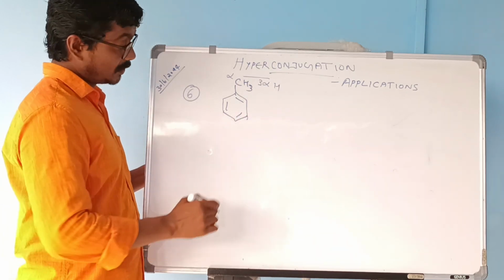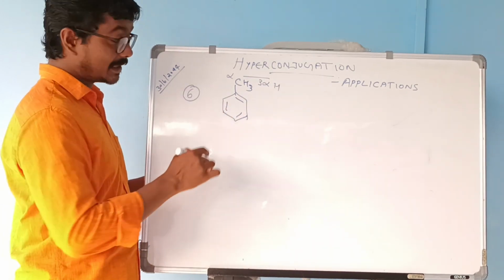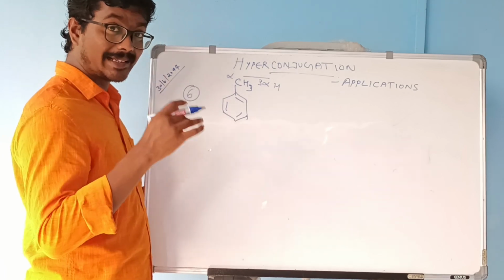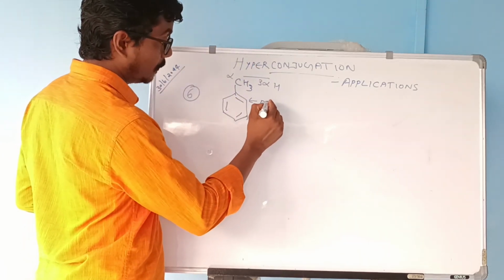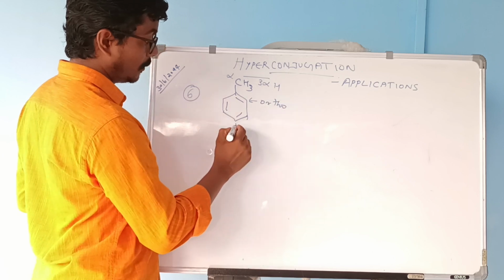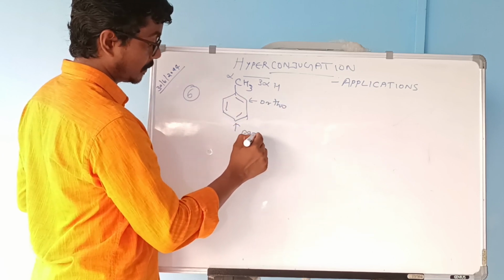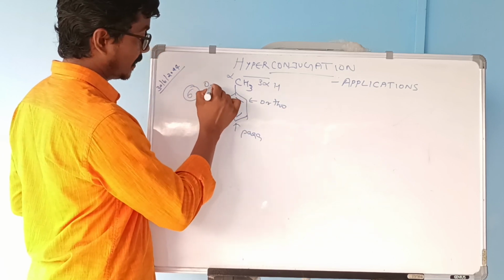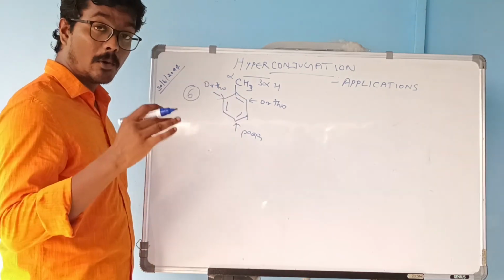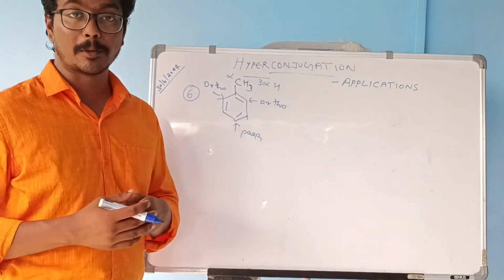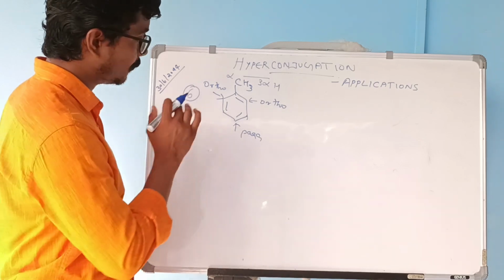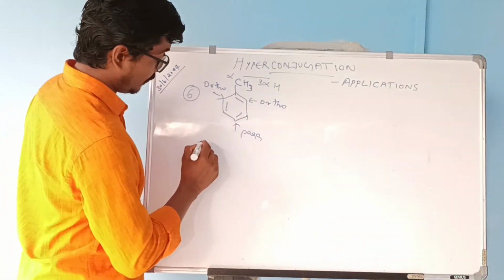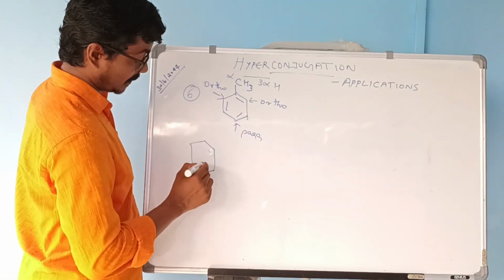The application is that toluene always directs the substituent to attack the ortho or para positions. Here also one ortho is there. So the ortho-para directing property of toluene is due to hyperconjugation. What is the effect? We will show it in resonance structures.